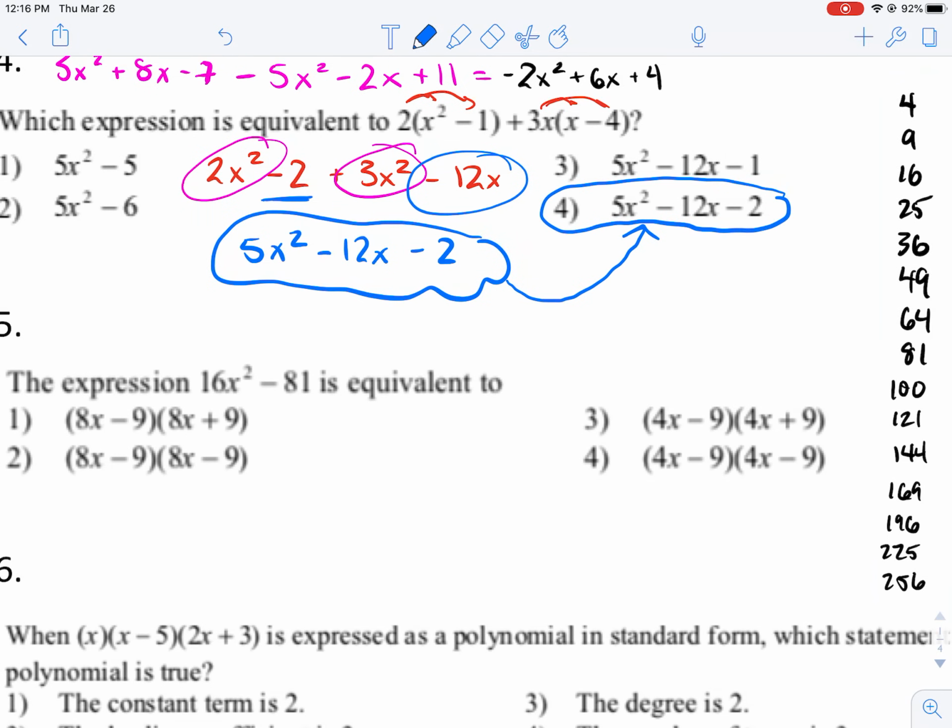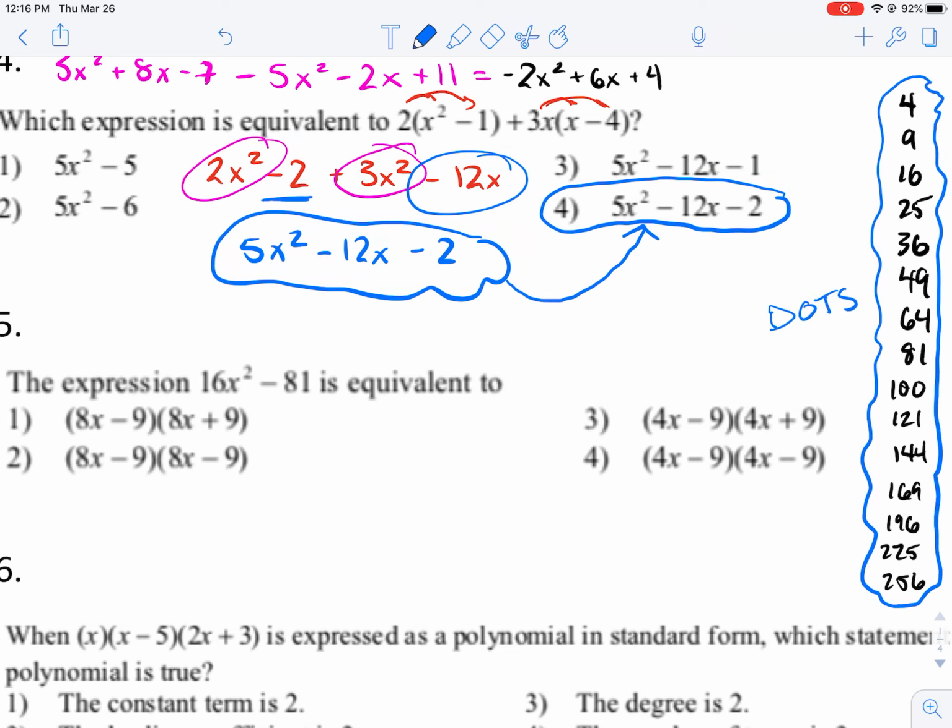Alright, so it says this expression 16x squared minus 81 is equivalent to. Now, why would I bring these down here? Just for fun? Just to be silly? No. This is another difference of two squares problem. These numbers, 16 and 81, both appear on the right side of this screen.